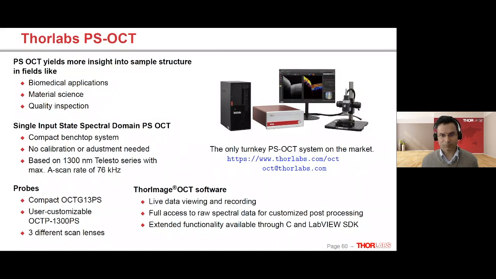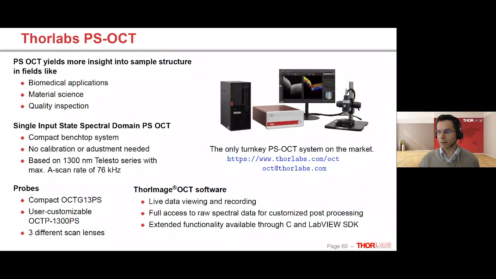Thank you. An anonymous user asked, can you provide more detail on the kind of tissue for which we can expect birefringence? Yeah, so in biological tissue, there are macromolecules that generate birefringence.